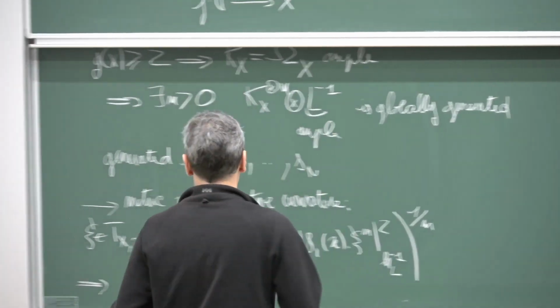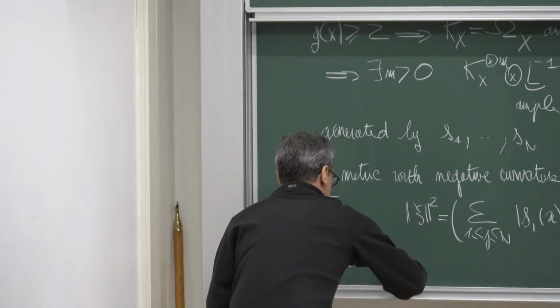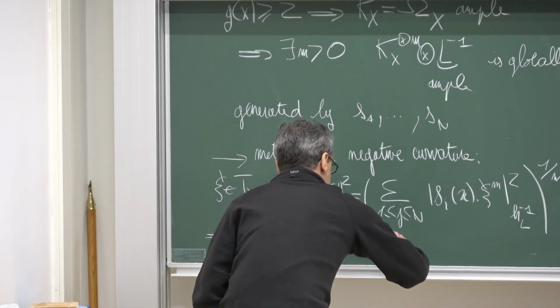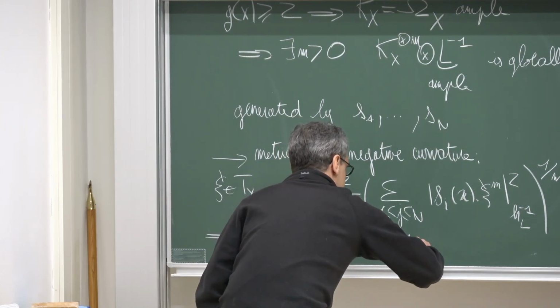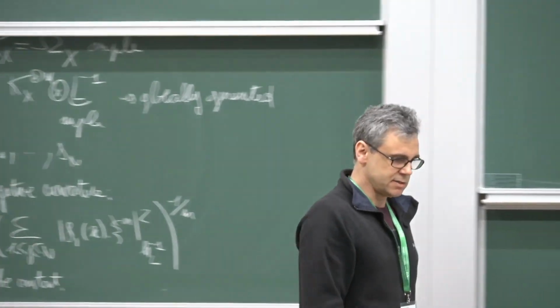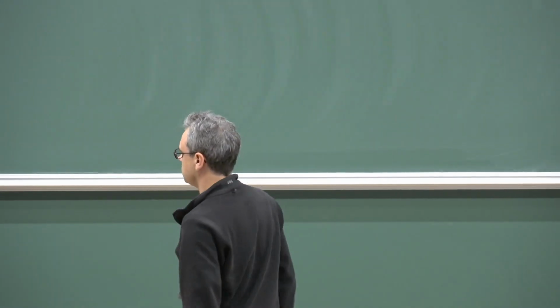Okay. So this implies the map has to be constant. So this proof is easy, but it has the great advantage that you can hope to generalize it to higher dimension, compared to uniformization.